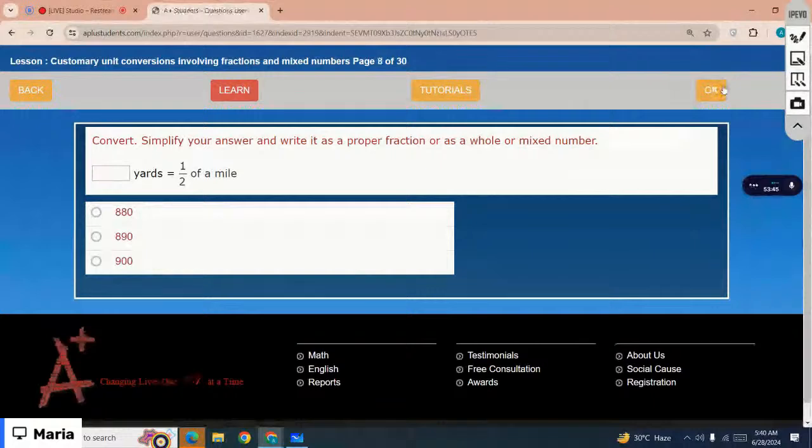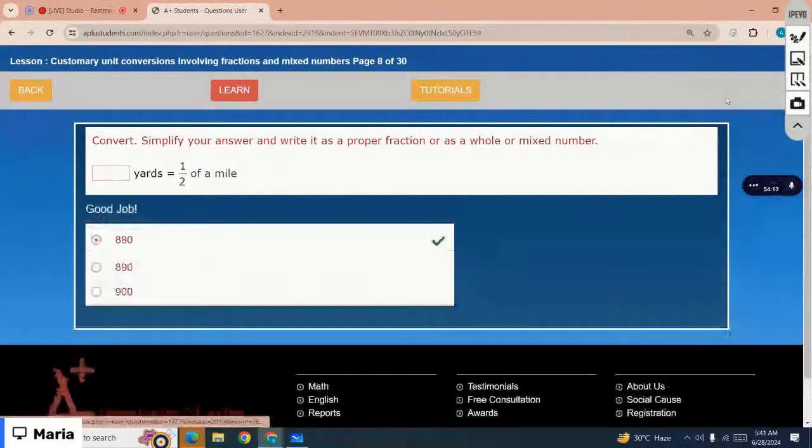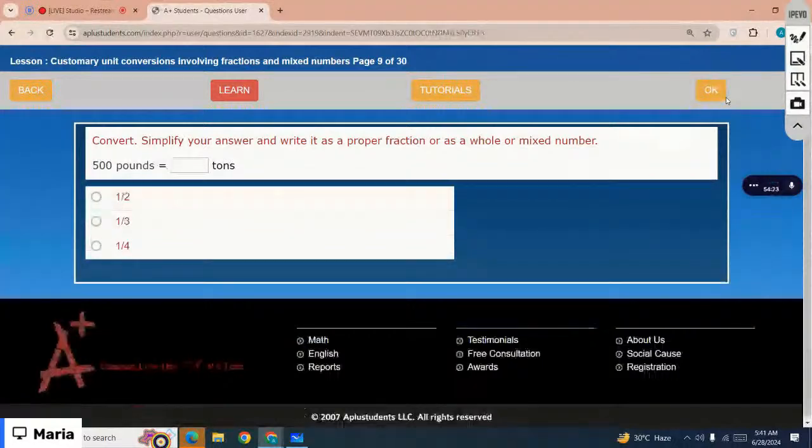Half of a mile equals how many yards? That is 880. Option number one is the correct option. 500 pounds equals how many tons?